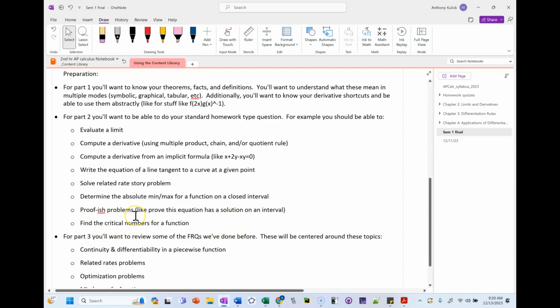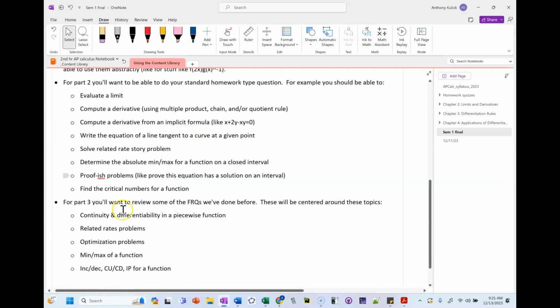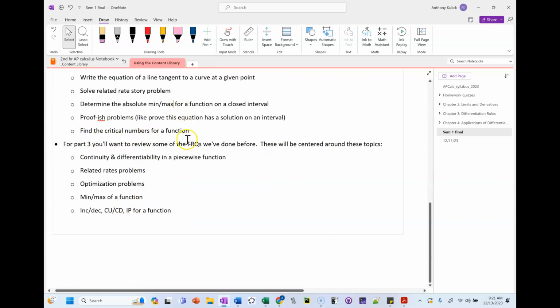I might ask you to just find the critical numbers for a function here, where it's not super involved. So for part 3, you'd want to look at some of the FRQs we've done before, but the ideas are going to be centered around continuity and differentiability, especially for a piecewise function, a related rates problem, an optimization problem, min-max for a function, so absolute or local, increasing, decreasing, concave up, down, inflection points for a function.